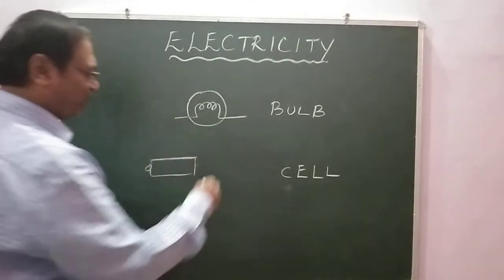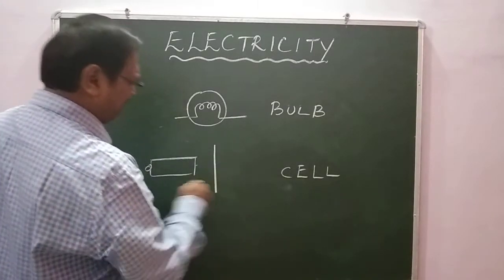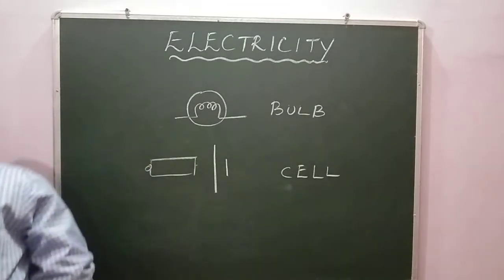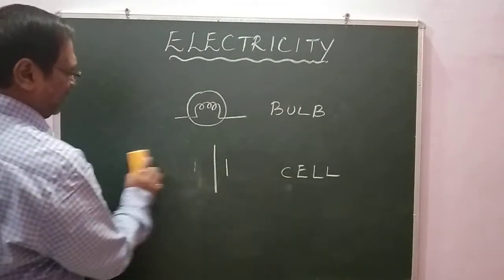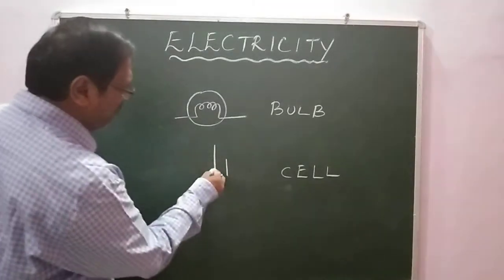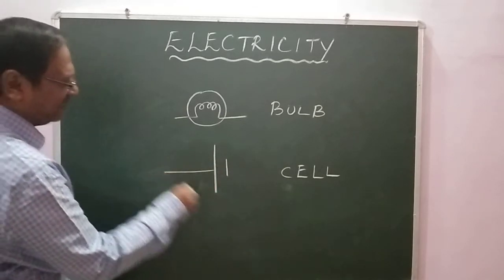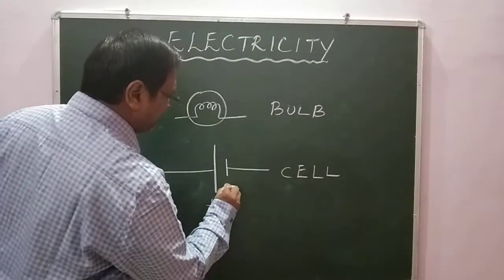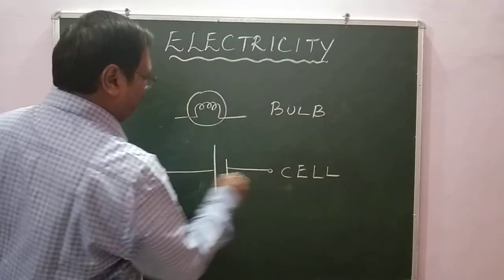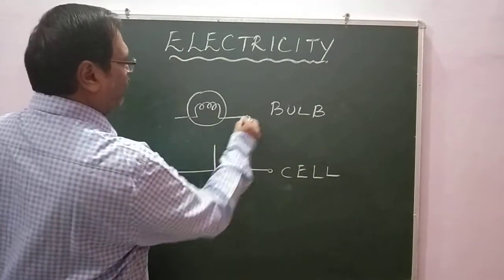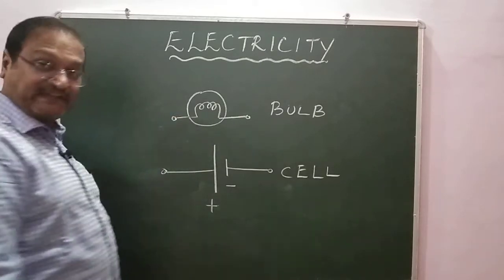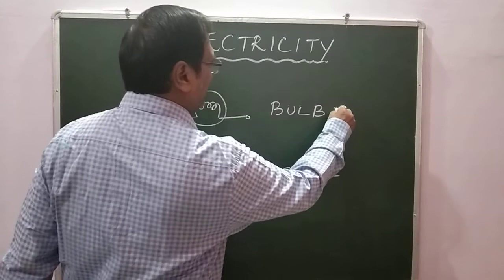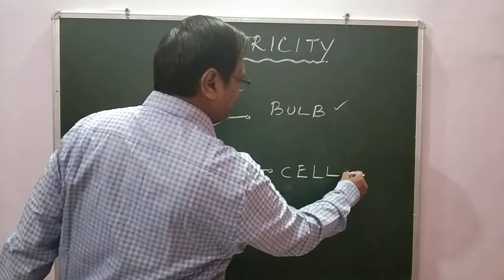What we do is draw a long line and a short line. This long line represents positive and the short line represents negative. Wire is going from here, wire is going from here. This represents a bulb and this represents a cell.